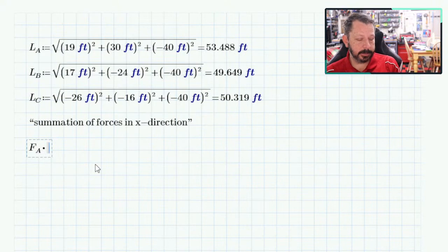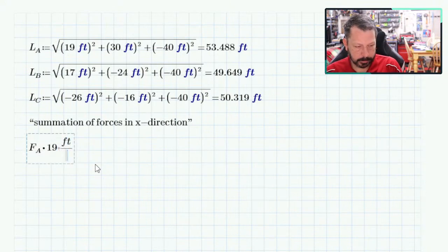So I could just say FA times, now you could make this all variable so you could change it up, I'm going to write it kind of hard-coded in some. So it would be times 19 feet over the length of cable A. I keep forgetting how to do length of A. So that value is the cosine of theta XA.